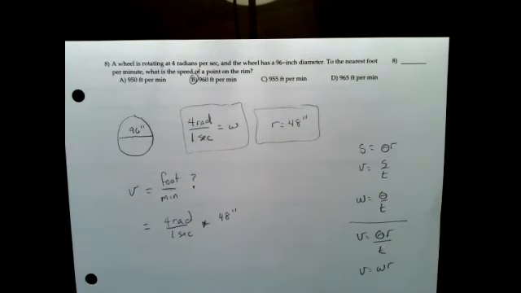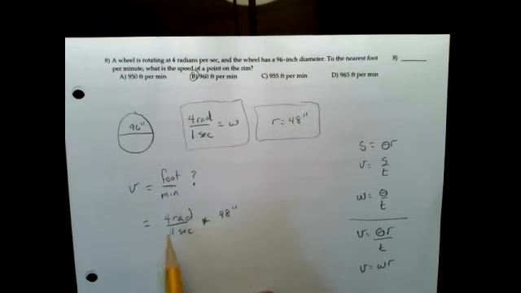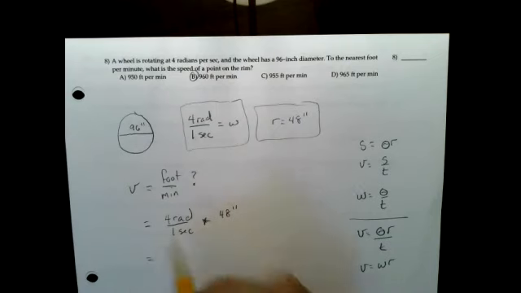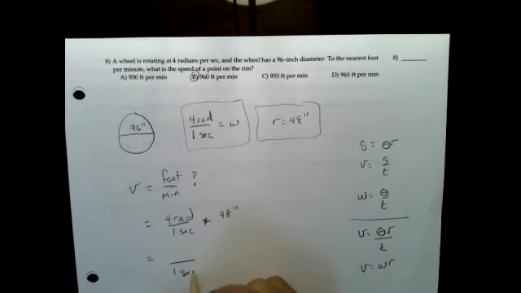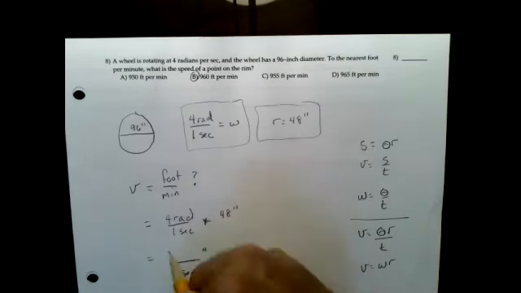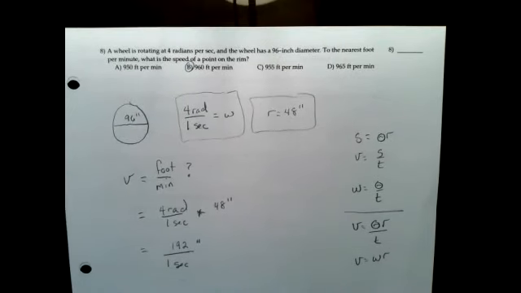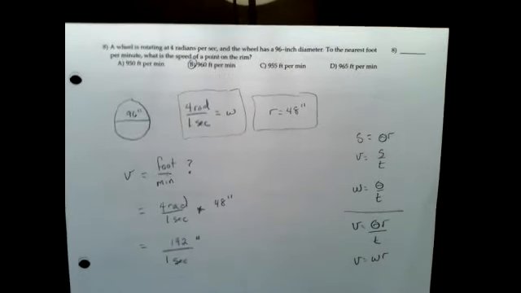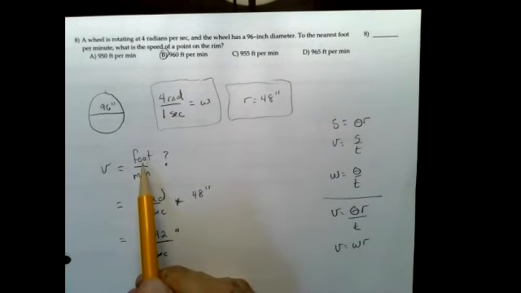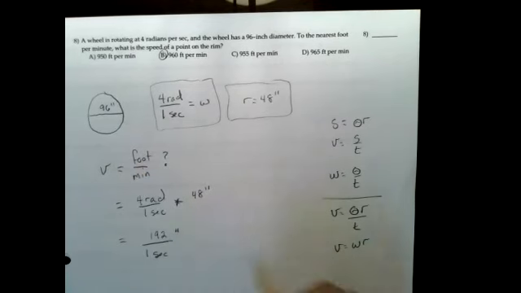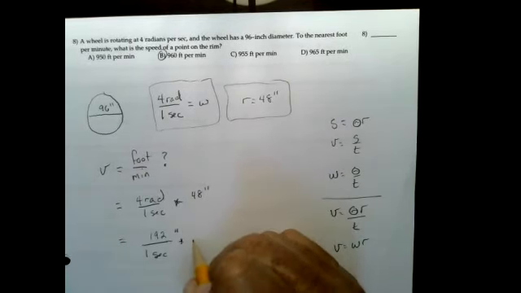We're getting close. So I'm going to multiply. Radians times inches, the radians just disappear. So in my numerator, I'm going to have inches. 4 times 48, 192. And it looks like I might be done, but I'm not. Why? Because I need to be in terms of feet, and I'm in terms of inches.